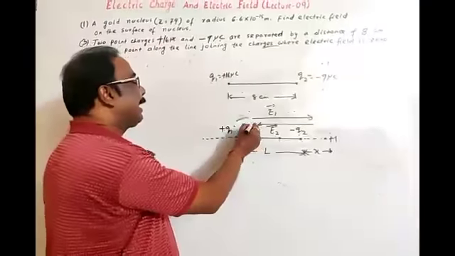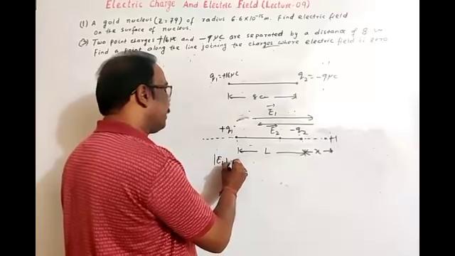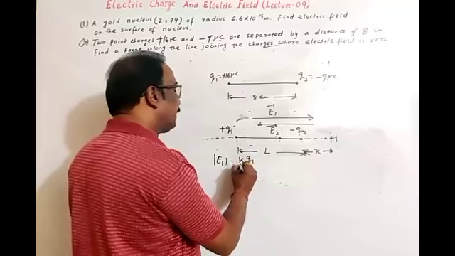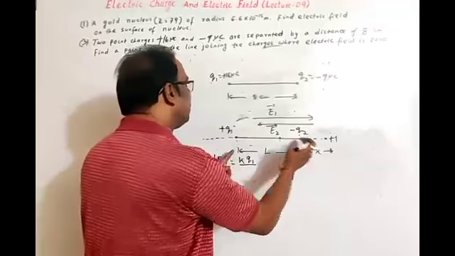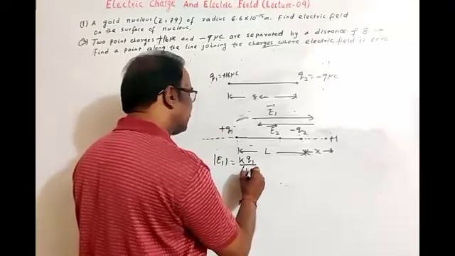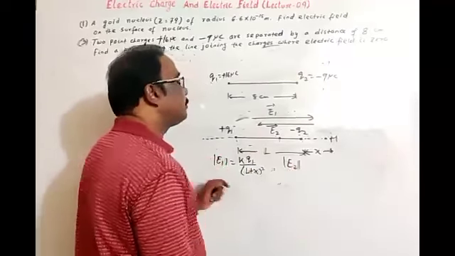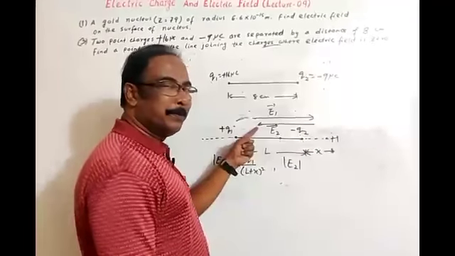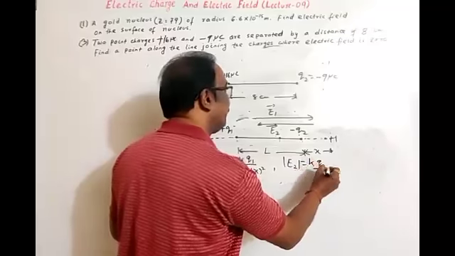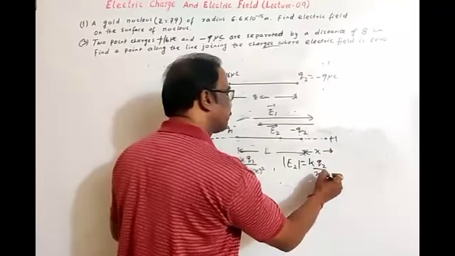The electric field intensity due to q1 has magnitude E1, which equals k q1 divided by the square of the distance from plus q1 to this point, which is L plus x, whole square. Similarly, the magnitude of field intensity due to minus q2, which is attracting, equals k q2 divided by the square of the distance from minus q2, which is x square.